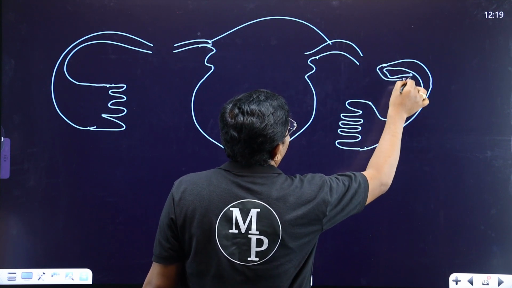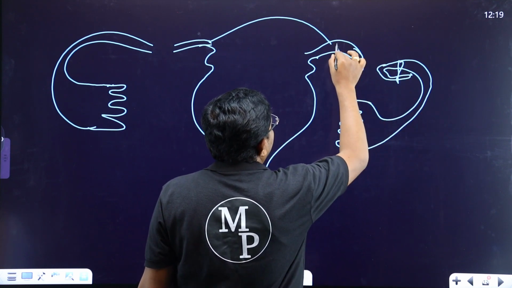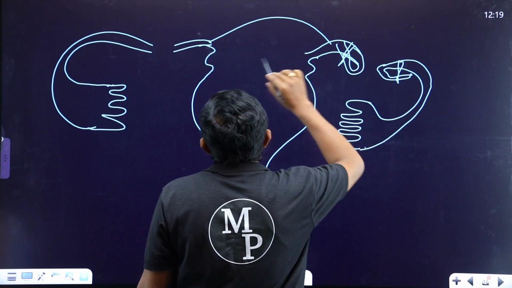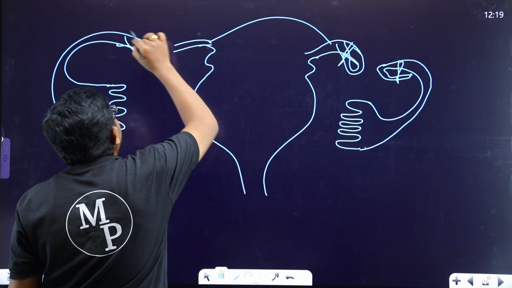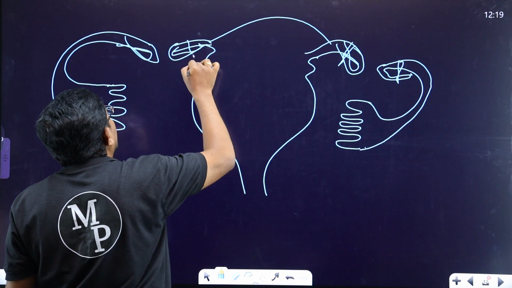This part of the fallopian tube is cut and tied, and this part of the fallopian tube is cut and tied. Here also the same, at the isthmus region especially.